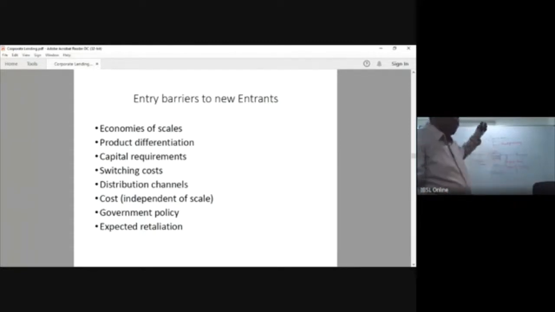If new companies are coming into this industry, competition will increase. But there may be some factors preventing the new entrants from coming into the industry. We call them entry barriers.